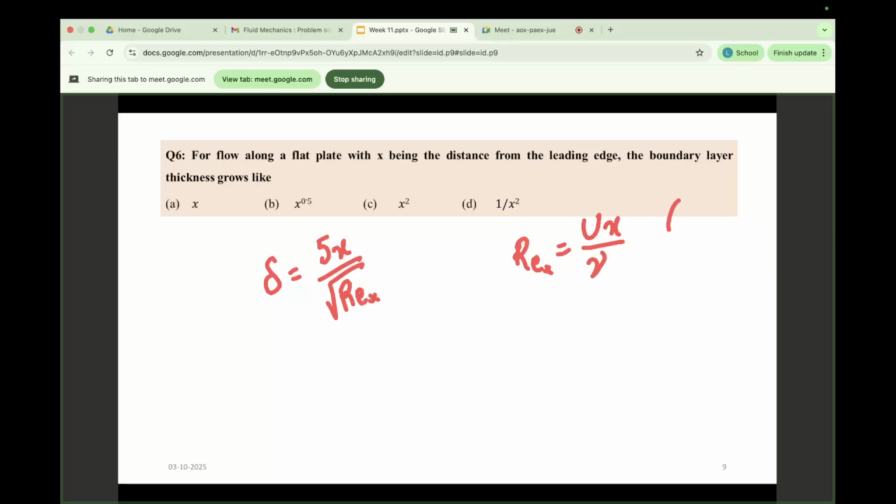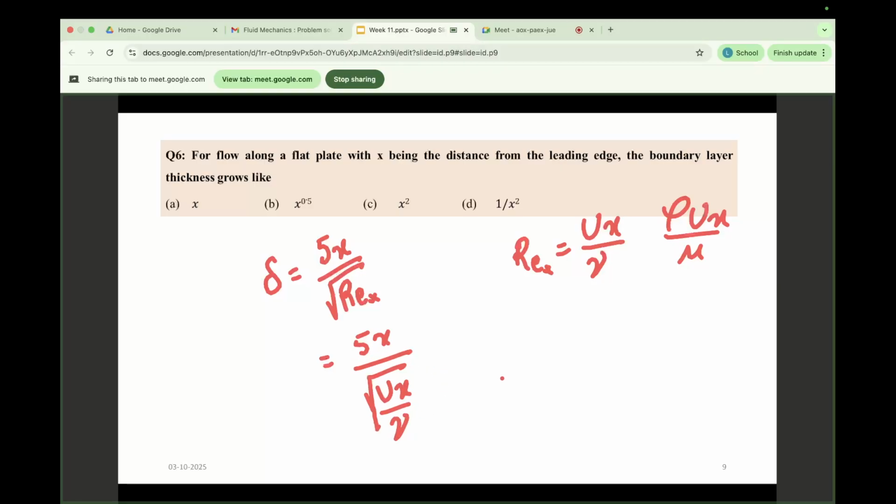From where does this come? This comes from this one, where mu by rho is nu, that is the kinematic viscosity. So here I can write 5x, and in place of the Reynolds number, I can write ux by nu.